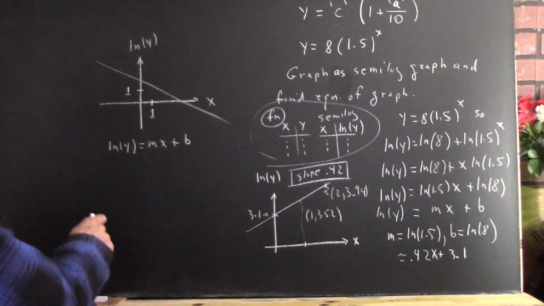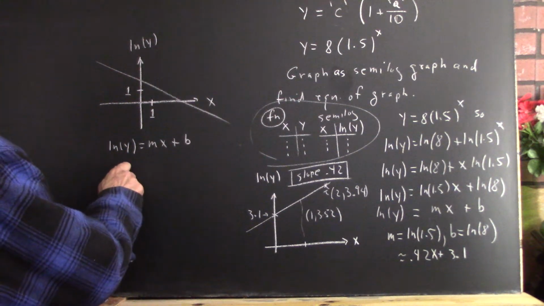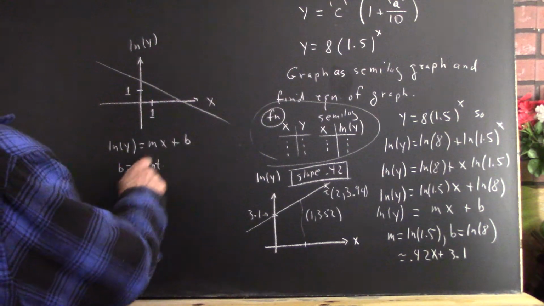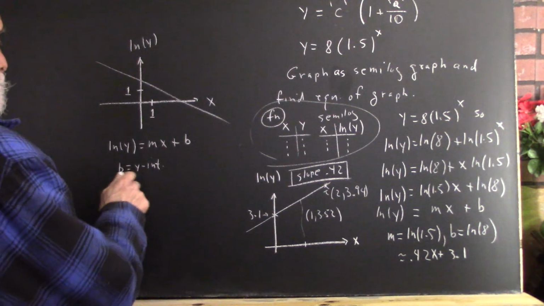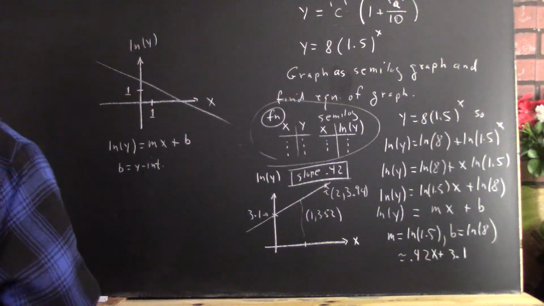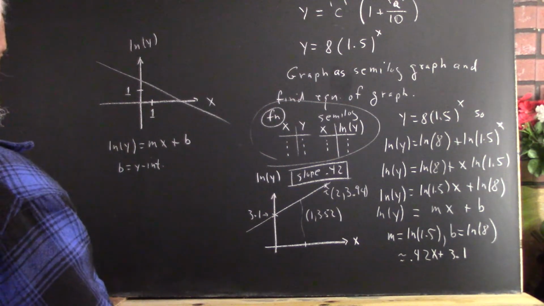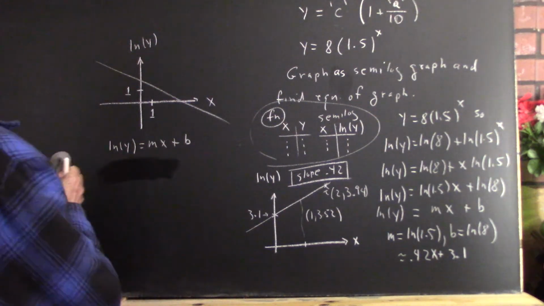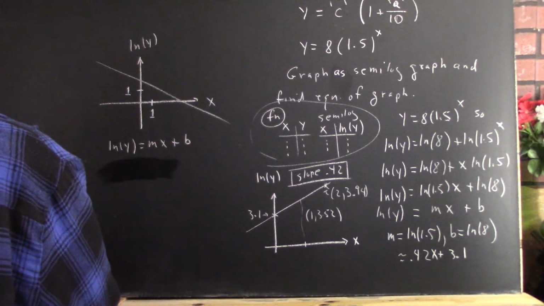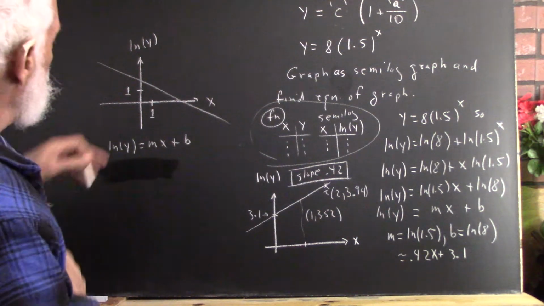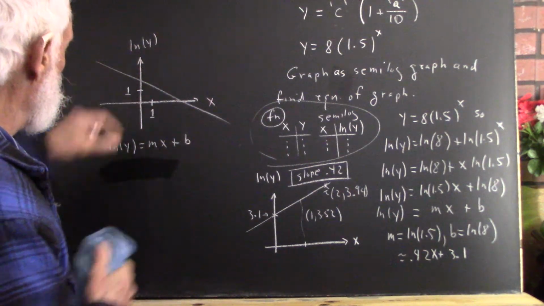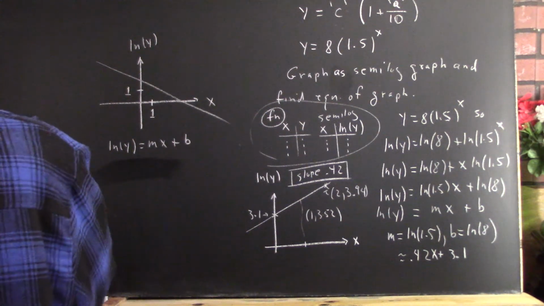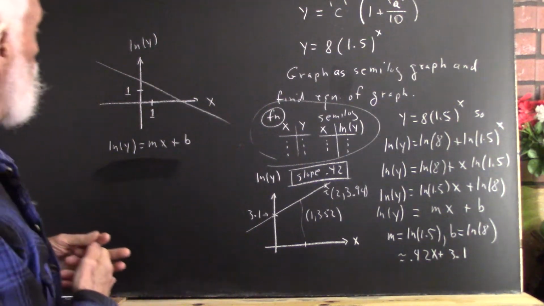Well, b is not actually the y-intercept. It's the natural log of y-intercept, so maybe I'd better write it that way. But you can see that b, as I've drawn it, appears to me to be about 1.9.